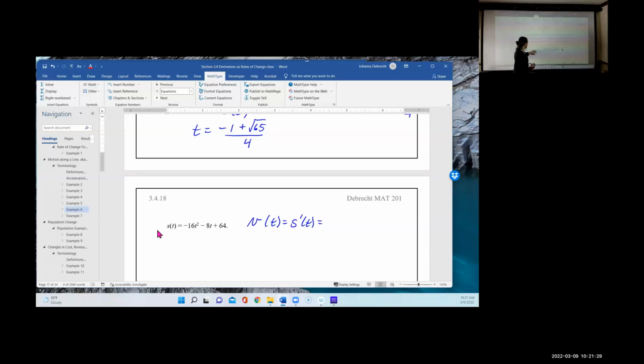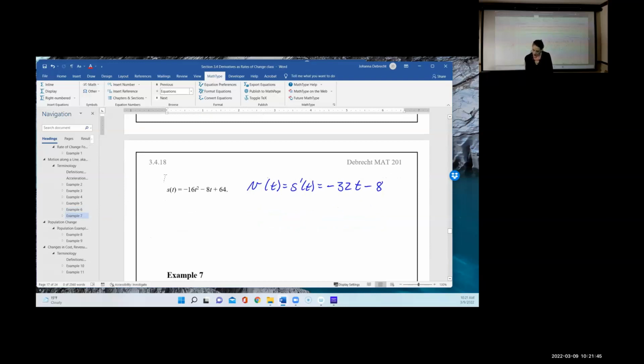You take the 2, you bring it to the front and multiply by the coefficient. So you get negative 32t minus 8. And then we want to know what is the velocity when it hits the ground. This is the velocity at any point in time.